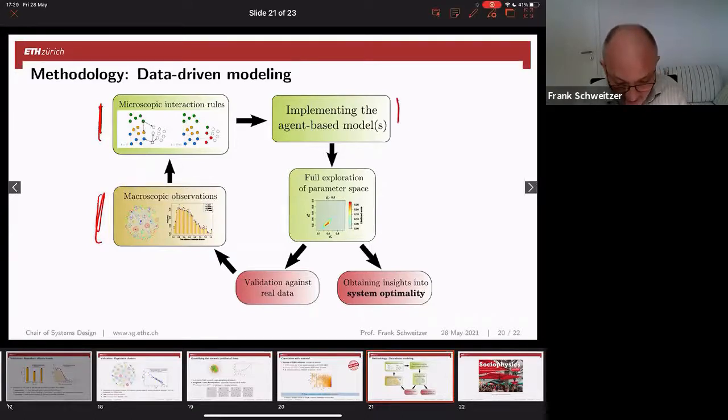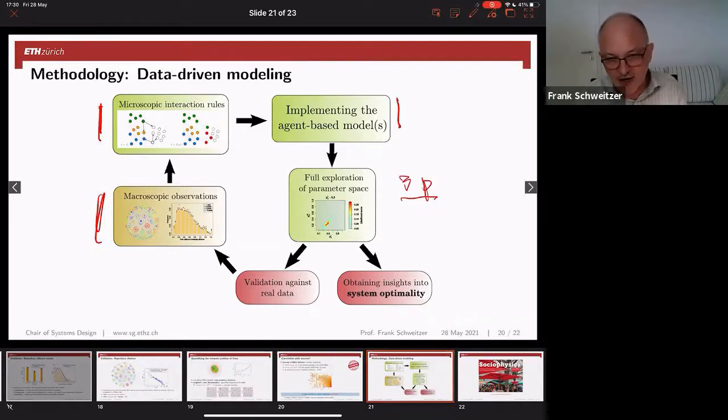Then we implement these rules in a large-scale agent-based model, and then we try to calibrate the 3 parameters that are in these rules. These were the 3 different probabilities that I have mentioned. Once we have this, we can use the fully calibrated model to reproduce other features of the system that we have not used for the calibration.